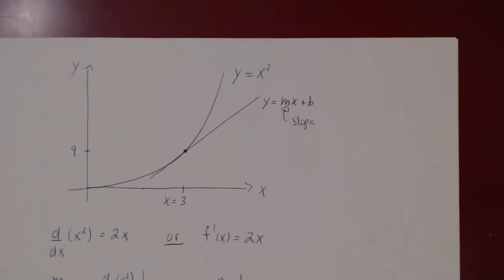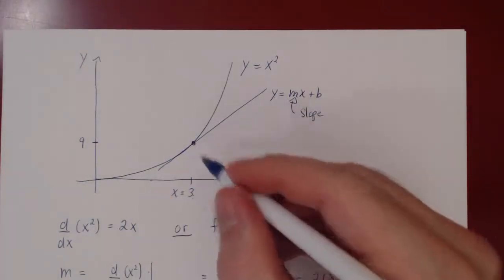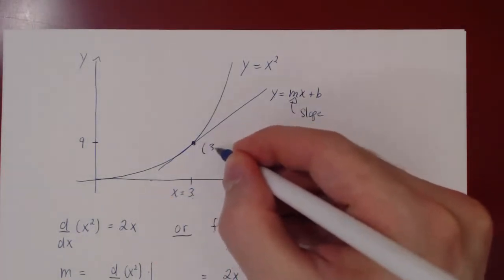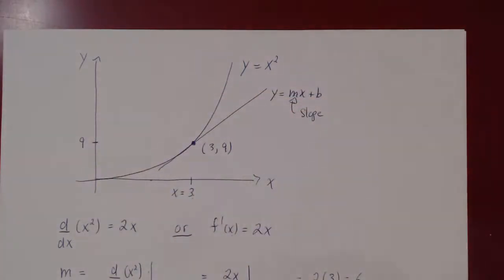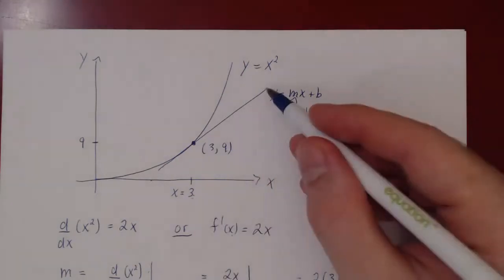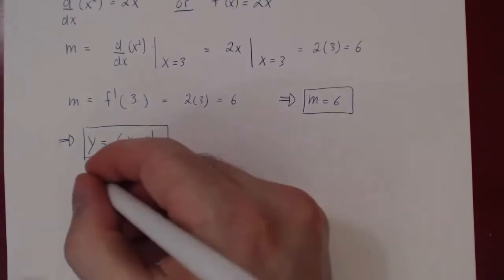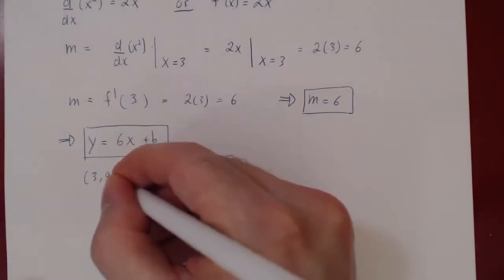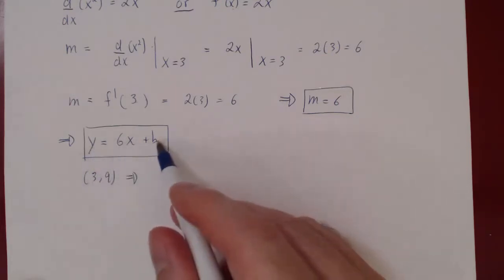Well, we know that the tangent line passes through this point, and this is the point x equals 3, y equals 9. So since this point is a point on the tangent line, it has to satisfy the equation of the tangent line. So the point (3, 9) must satisfy the equation of the tangent line.